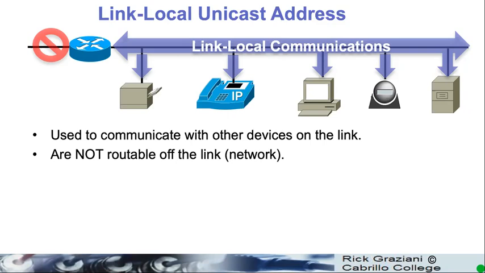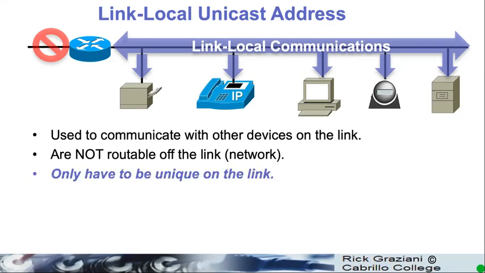They also won't forward packets with a source IPv6 address, or they shouldn't anyway. Most router operating systems should drop those packets. Why is that? That's because if a packet is coming from a link local address, the destination, let's say, goes to a global unicast address, it won't be able to get back to it. Link local addresses are only good on the link.